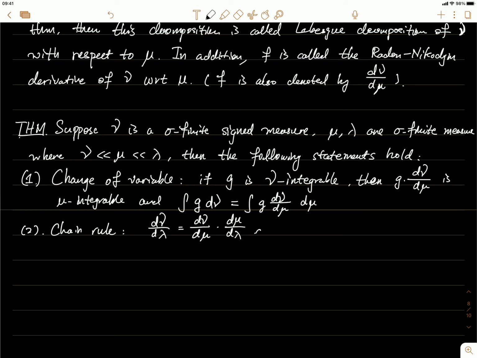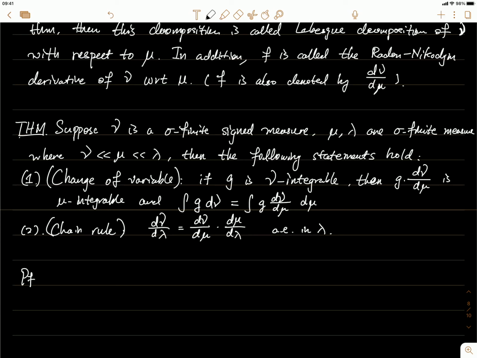And this holds lambda almost everywhere. So both of them you should treat as lambda measurable functions, and what we are trying to show here is that they are equal almost everywhere in lambda. So this is the chain rule and the change of variable.